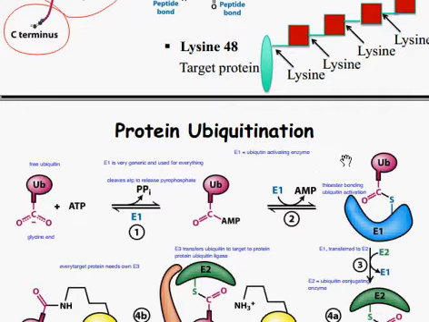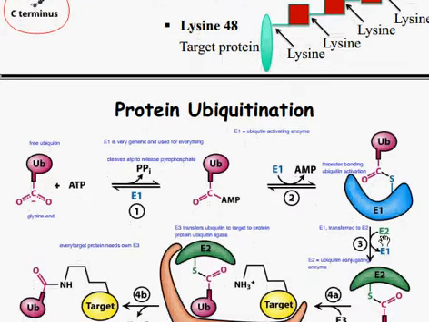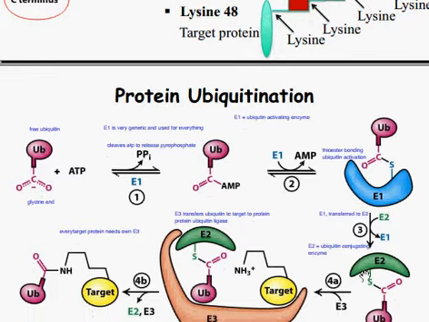The thioester bond for ubiquitin activation forms between the ubiquitin and the E1, at the AMP point, which is this thioester, by the S. Then the ubiquitin is transferred from E1 to E2, the ubiquitin-conjugating enzyme.